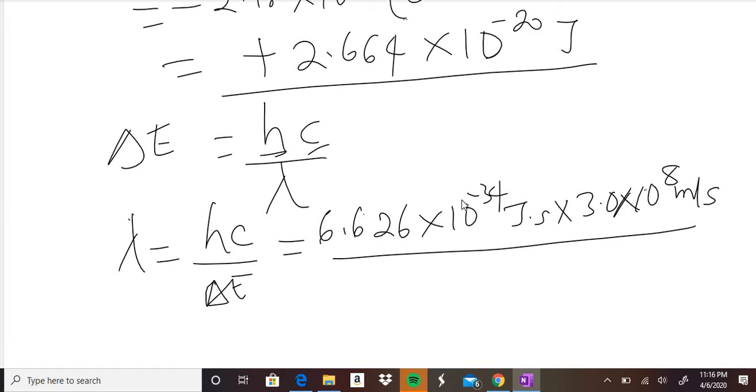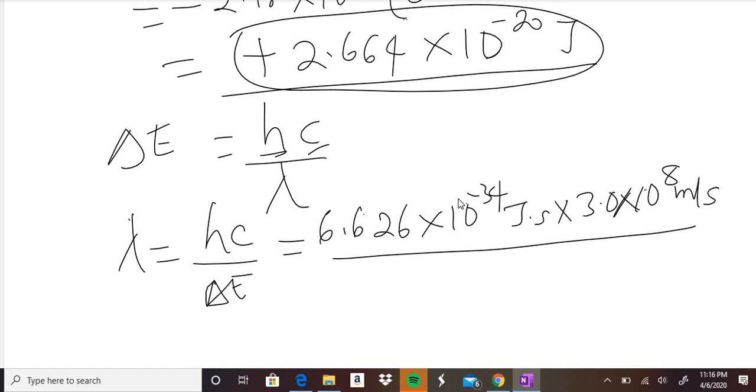And our delta E is what we already have here, 2.664 times 10 to the negative 20 joules.